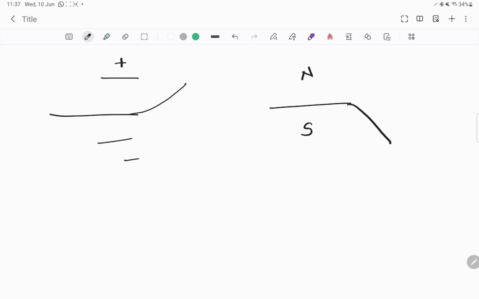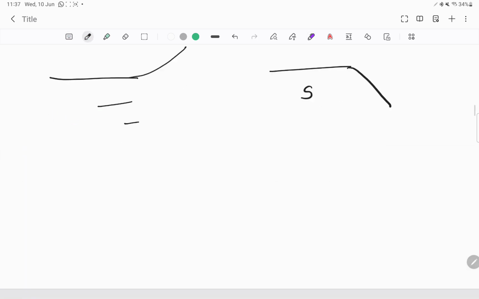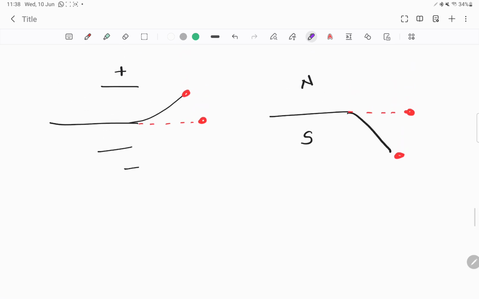Let me draw here, as it is not there in the diagram. This is our cathode. This is under the electric field, plus and minus, and this is under the magnetic field.